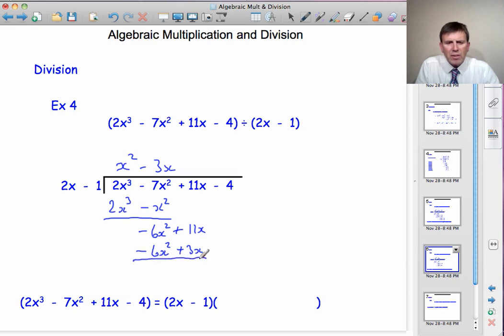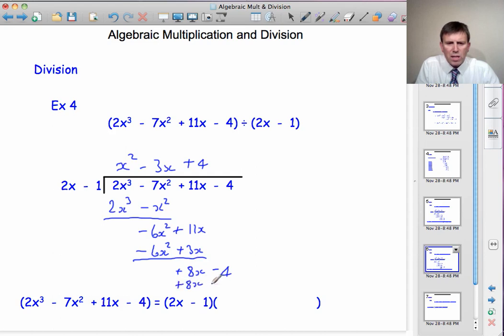Subtract. 11x minus 3x is 8x. The x squareds haven't disappeared. Bring down the last term. What do I multiply 2x by to get plus 8x? Answer, plus 4. Plus 4 times 2x is plus 8x.